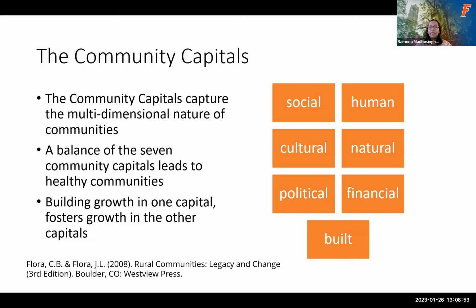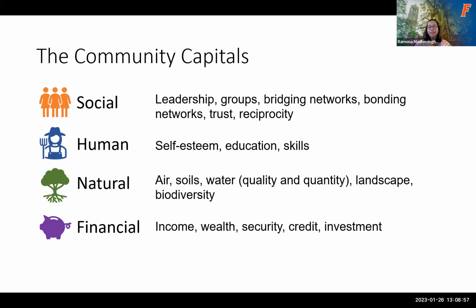And if you're wondering exactly what community capitals means, the next slide actually tells you. So when we think about social capital, this is relationships. This is working with others. This is bridging networks. This is bonding networks. This is really how we do our work together, mutual trust, a sense of a shared future, the groups and organizations. So not just the work between the groups, but also amongst other groups.